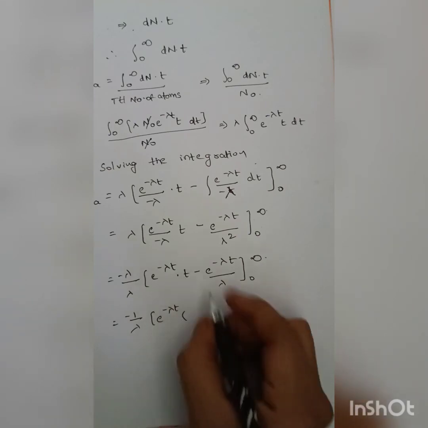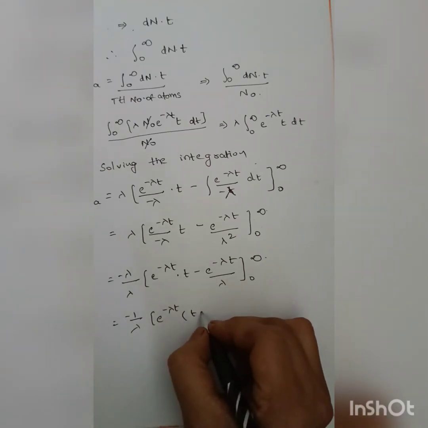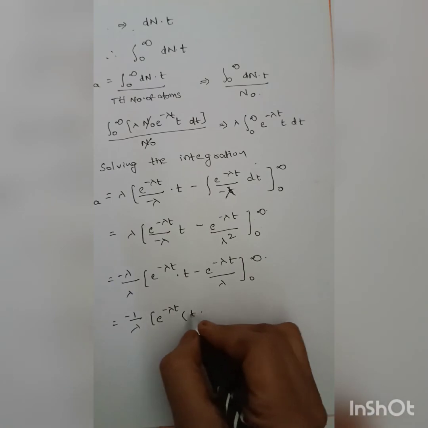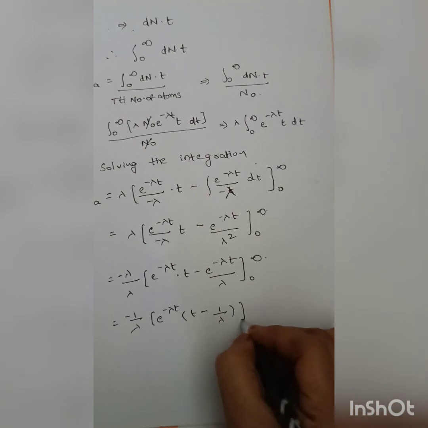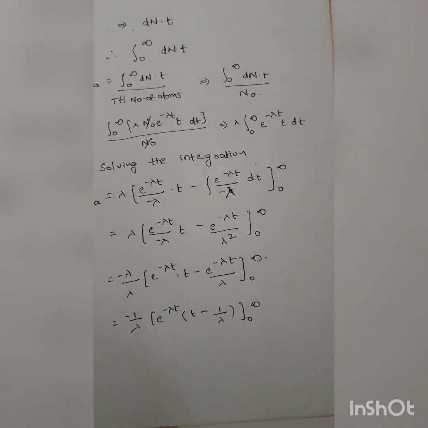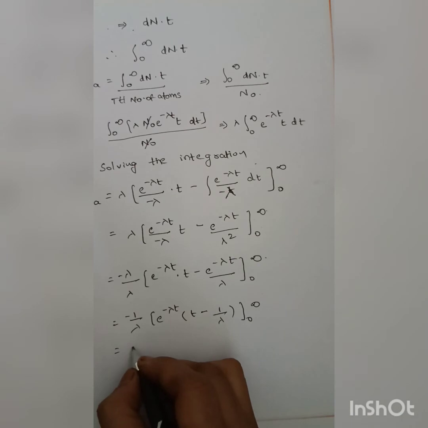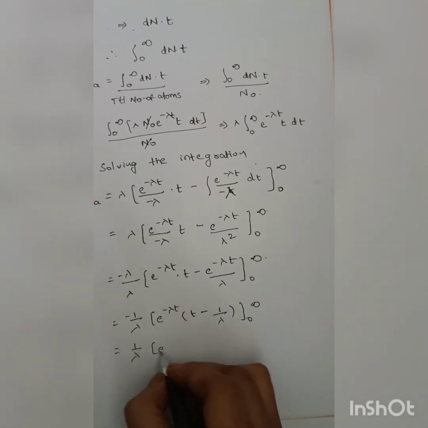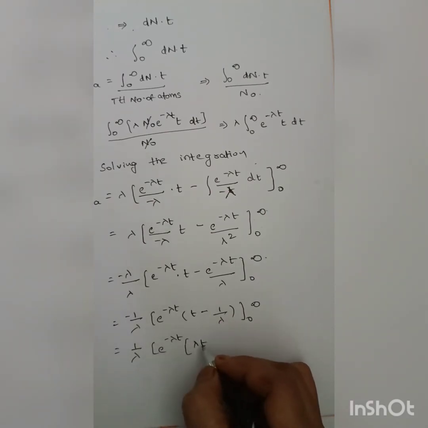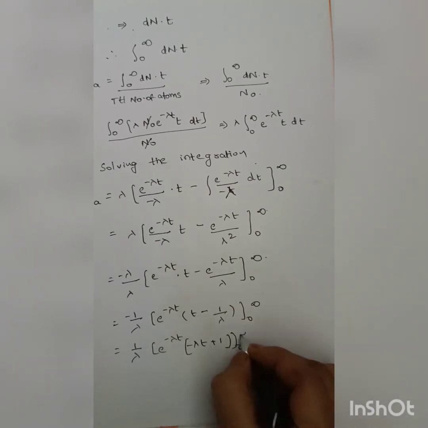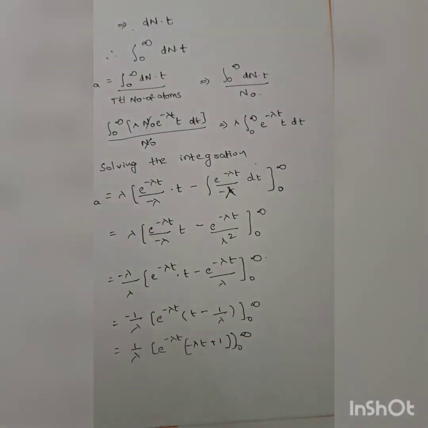So what we get is t minus 1 by lambda, from 0 to infinity, and then we can write this as 1 by lambda e power minus lambda t into lambda t plus 1, from 0 to infinity, taking lambda as LCM for this, right?